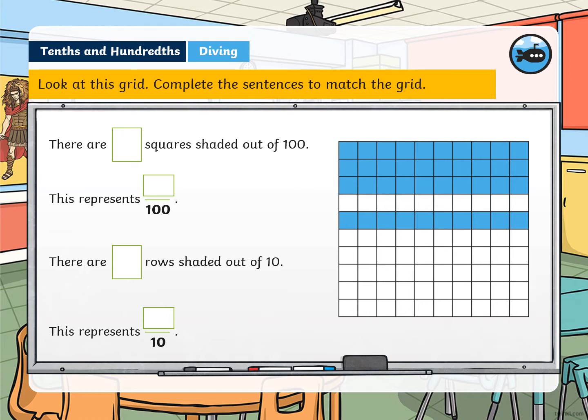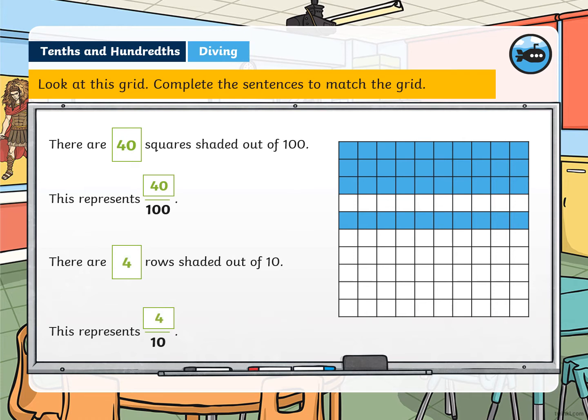So that's 10, 20, 30, 40 squares in total because there are 10 squares in each row. So there are 40 squares shaded out of 100 squares. This represents 40 100ths because 40 little squares out of 100 little squares are coloured in.